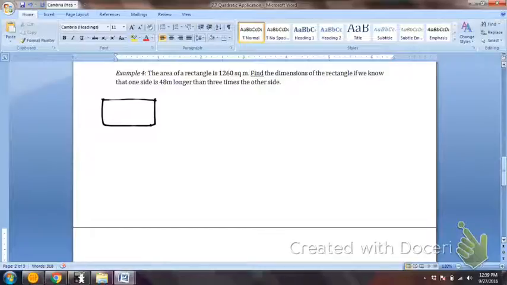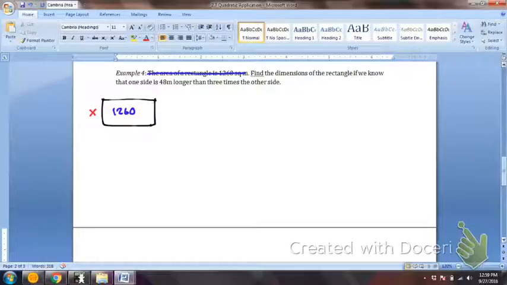One side we know nothing about, so we'll call that side what? We know that the area is 1,260, so I'm going to put that on the inside. I've taken care of this. One side is 48 meters longer. How would you express that in math? X plus 48.